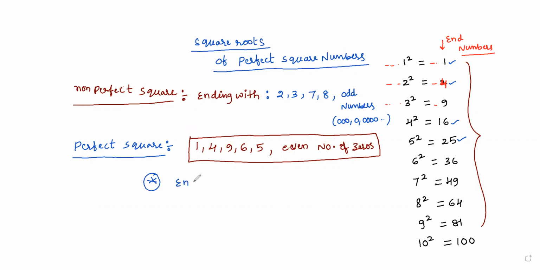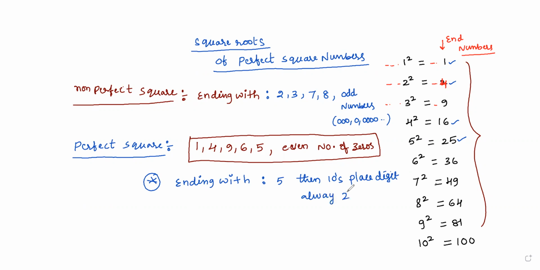Then the tens place digit is always 2 only.